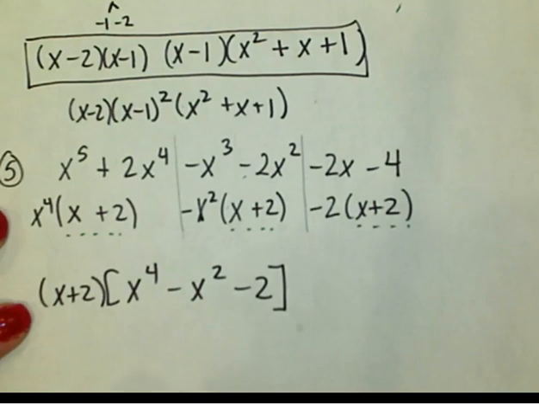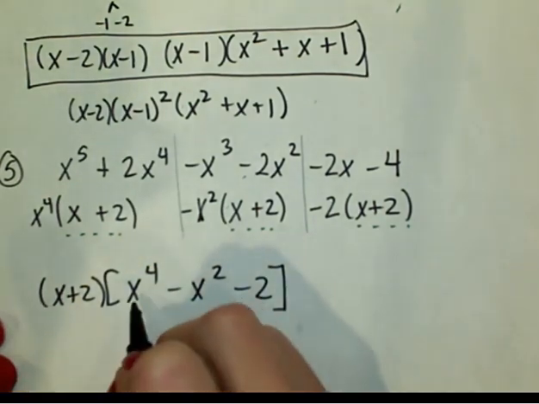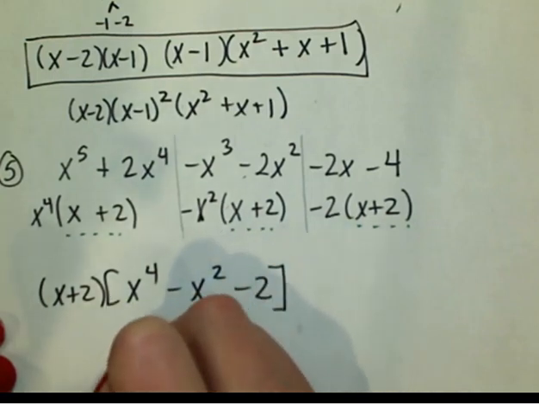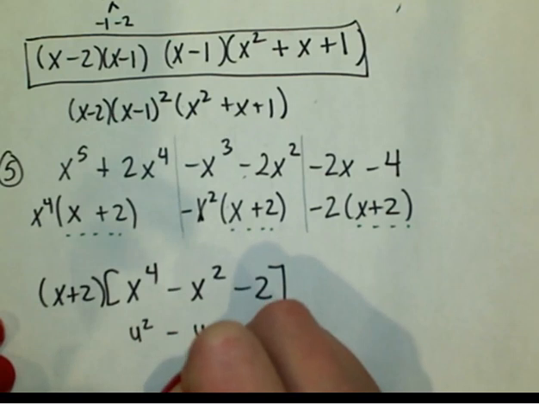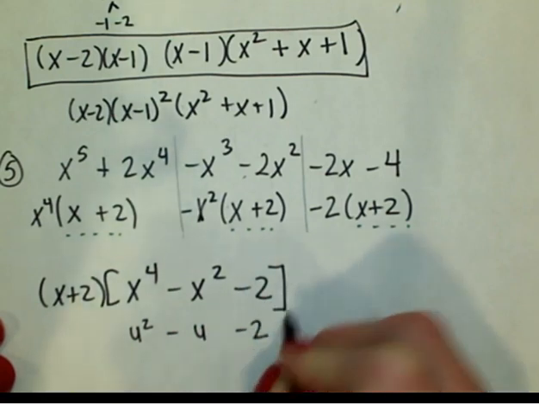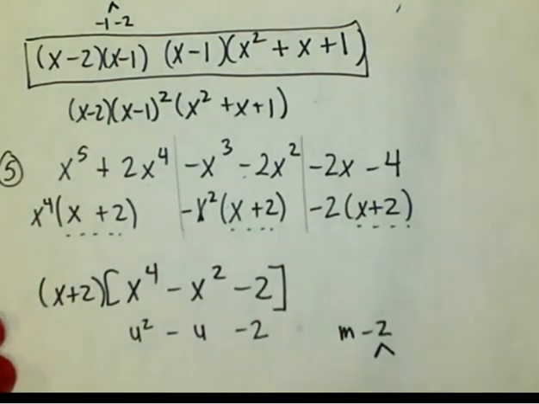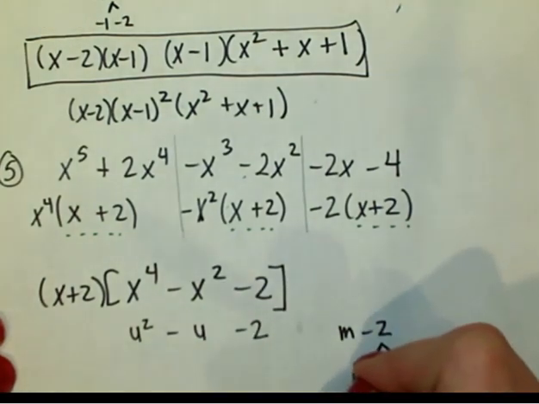Then I look at each one to see if it's prime. Linear is prime. Okay, this is a quadratic form polynomial, so that's u squared minus u minus 2. Can I multiply to negative 2 and add to negative 1? I can.